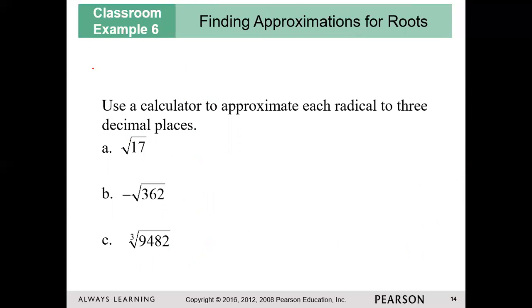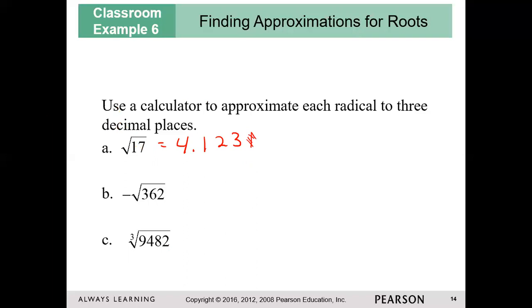And you should be expecting a value that's greater than 4 but less than 5, because the square root of 16 is 4, the square root of 25 is 5, so the square root of 17 has to be somewhere between there. And we got 4.123. And then we got a 1 here, but of course we get rid of that because we're rounding to 3 decimal places.